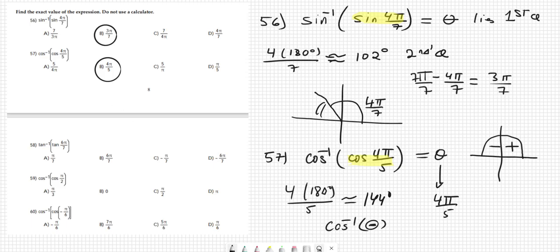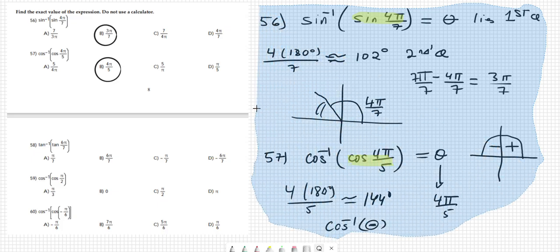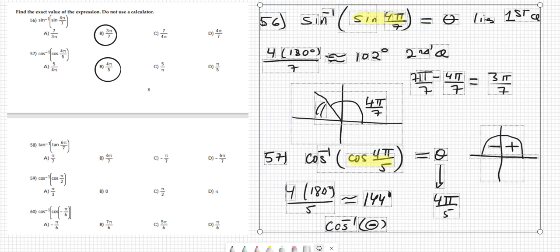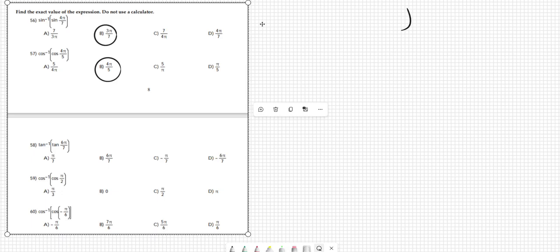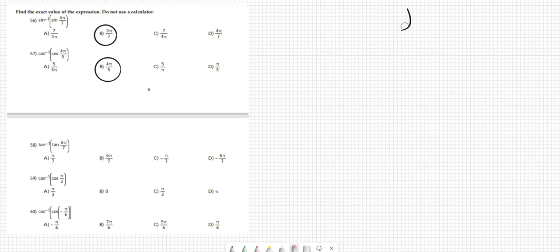Okay. Super. Let me erase everything. Let me clean up everything. 58 says tangent inverse of tangent of 6 pi over 7.